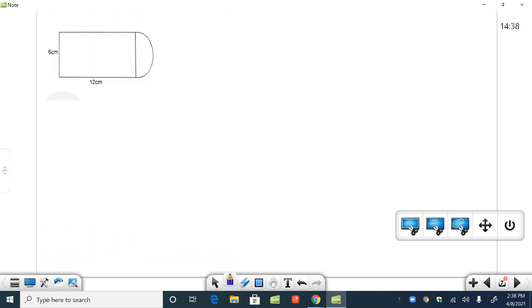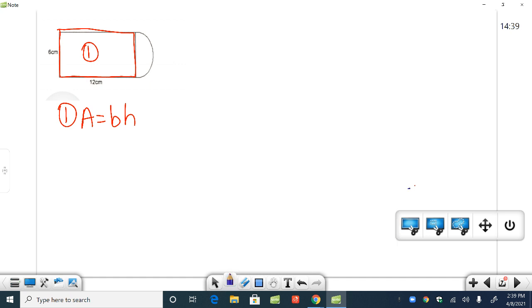All right, so inside your notes, we're going to start with that first shape that we've got. And the first shape is just like the one we just did. So let's go ahead and label our shape. We have got shape number 1, which is a parallelogram. To find the area of the parallelogram, you take the base times the height.